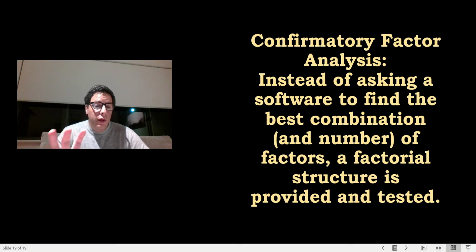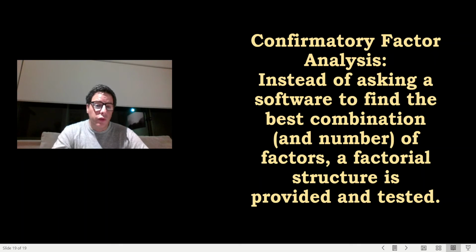So we can actually give the software that structure that we believe is true, and then what we do is test whether that model is a good model of the data. So can it account for the variability of the data that we observe in our study?